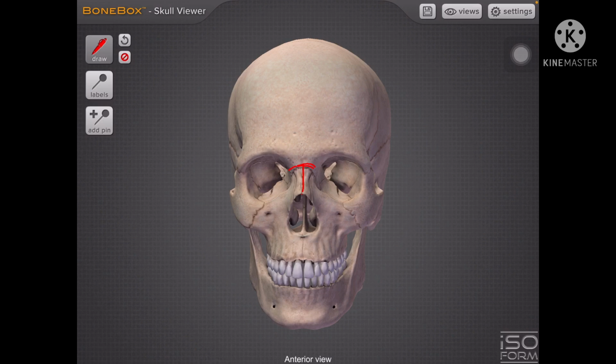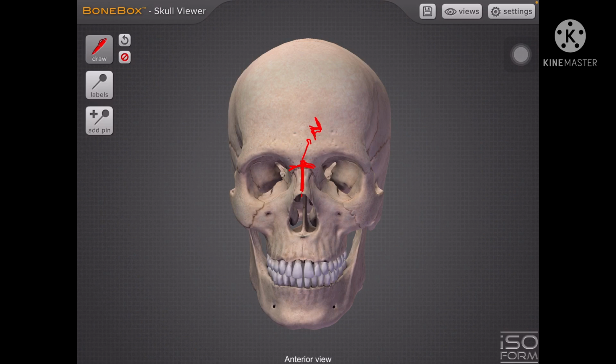Both these unite to form a point called nasion. I will repeat again. There is the internasal suture, and the internasal suture and frontal suture meet at a point, and this point is called nasion.